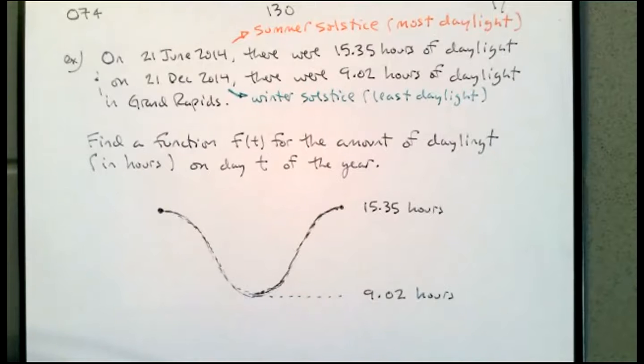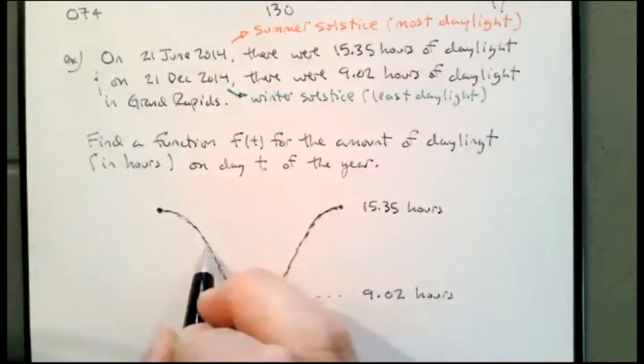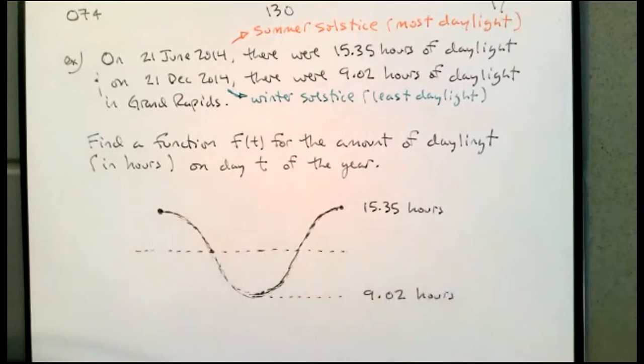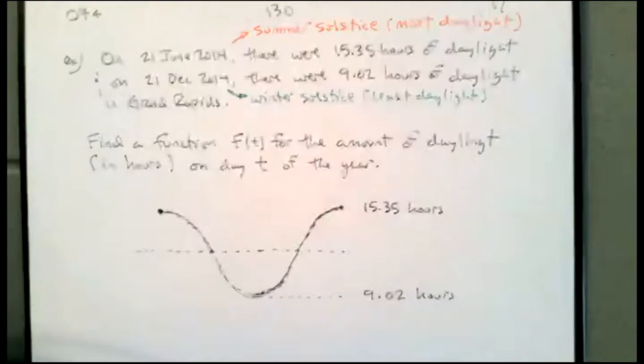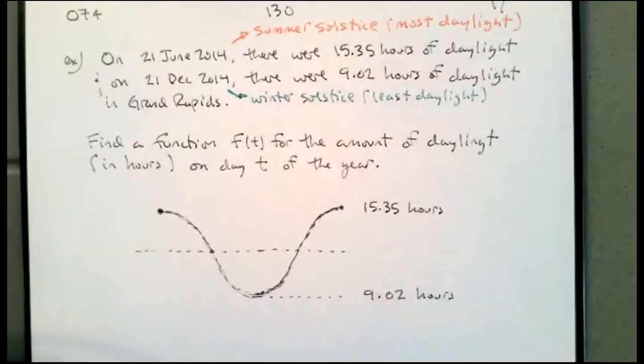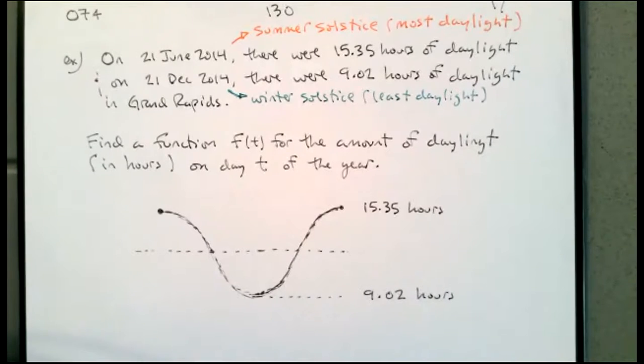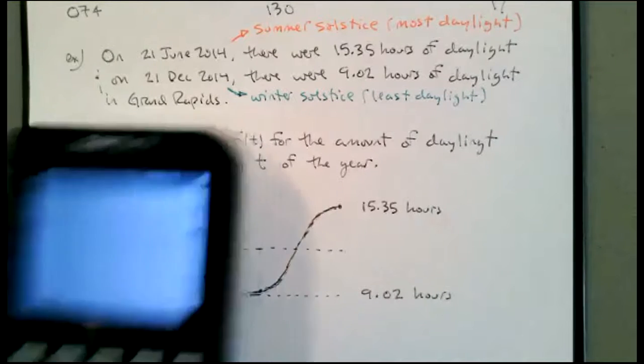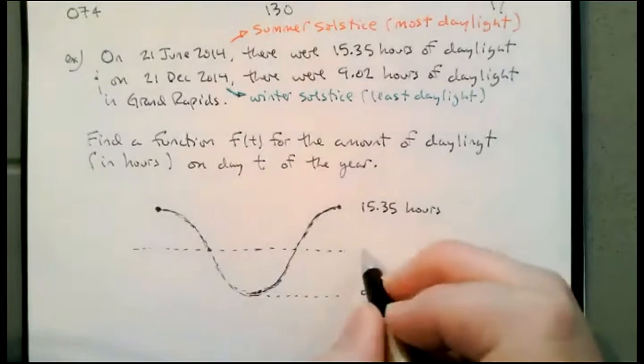We need to figure out where the middle is, and that'll just be halfway between the top and the bottom. So let's make that calculation. I'm just going to take the average of the 15.35 and the 9.02, divided by 2. So the middle is going to be at 12.185. I'll go with 12.19 to match the same decimal places as the others.